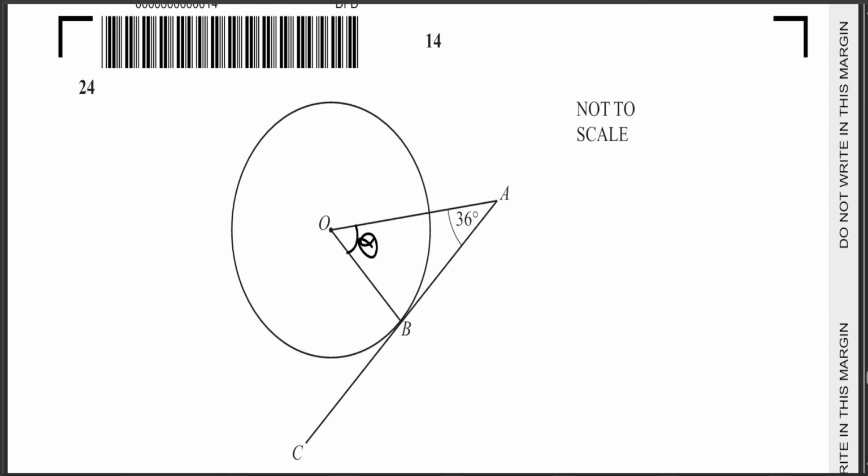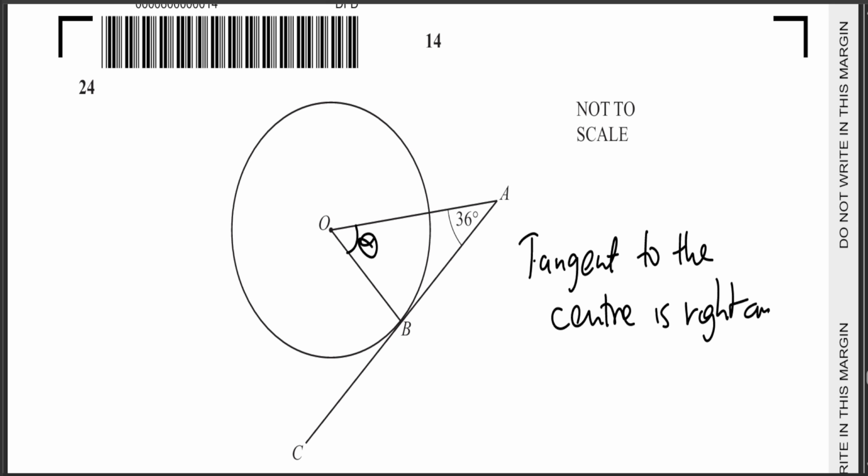Now, we said the angle between the tangent and the radius to the center is 90 degrees. It is a right angle.